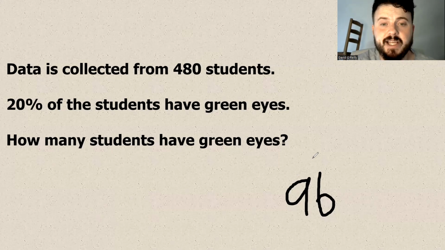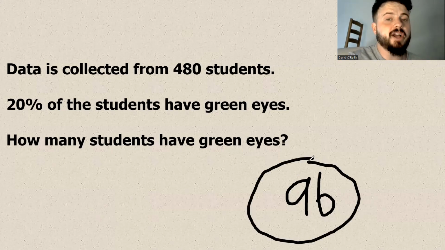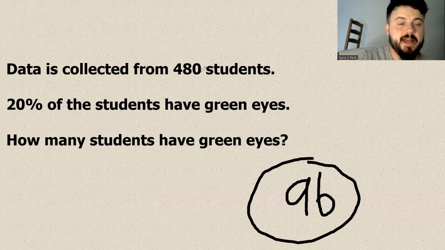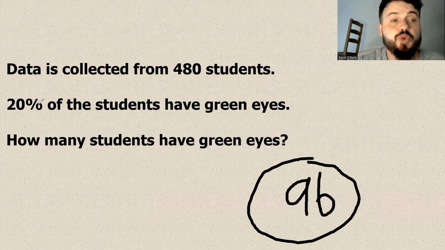The answer is just 96. We're done. If you took 96 away from 480, you're still getting a bit confused with this language. It says data is collected from 480 students. 20% of the students have green eyes. How many have green eyes? 20%, 96. We're not being asked to take anything away. We're just being asked to find 20% of 480.